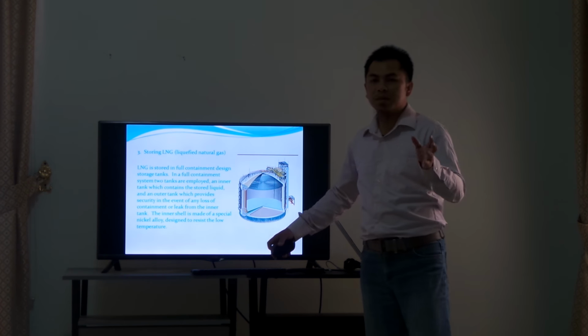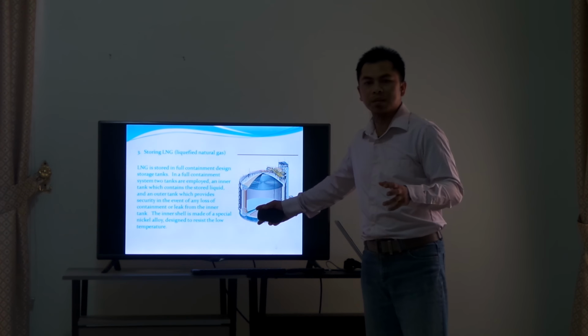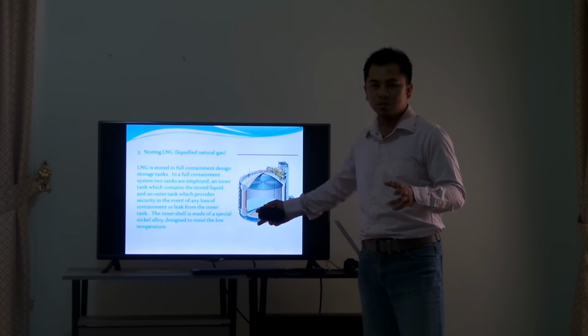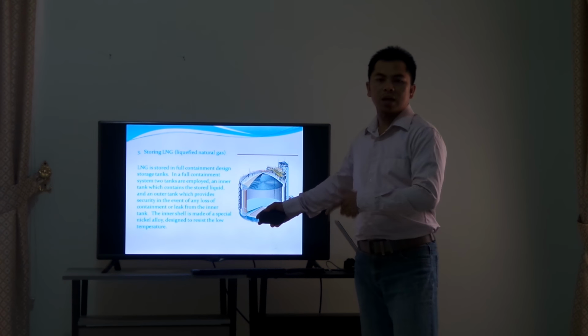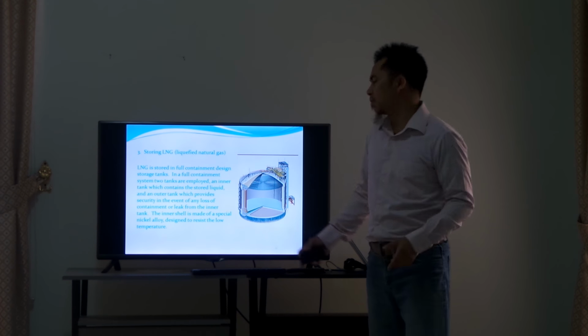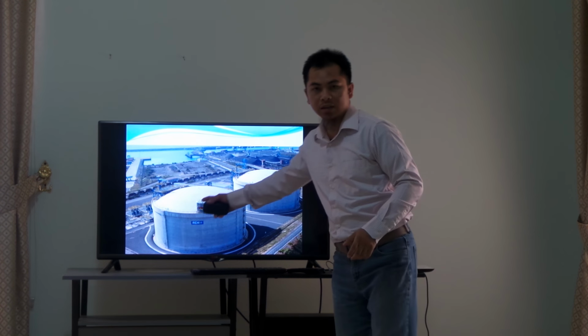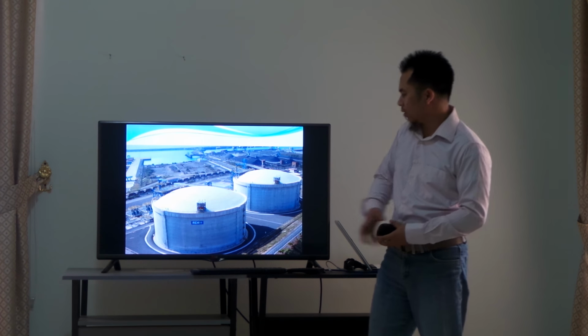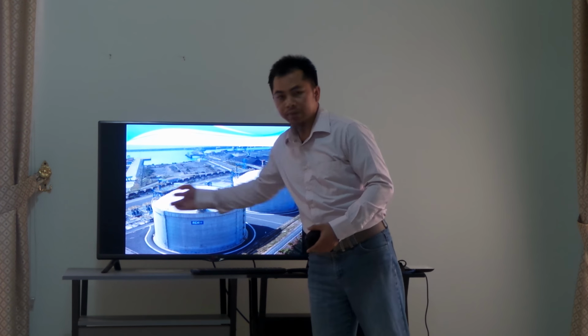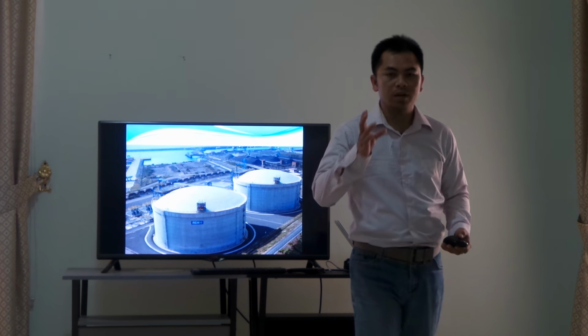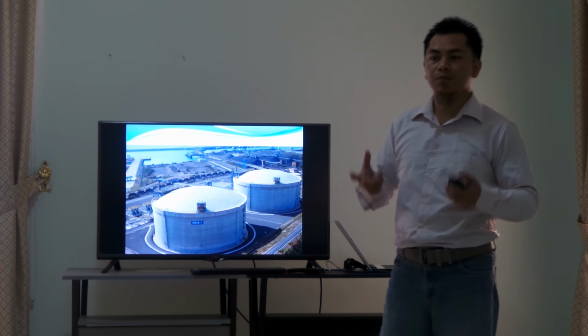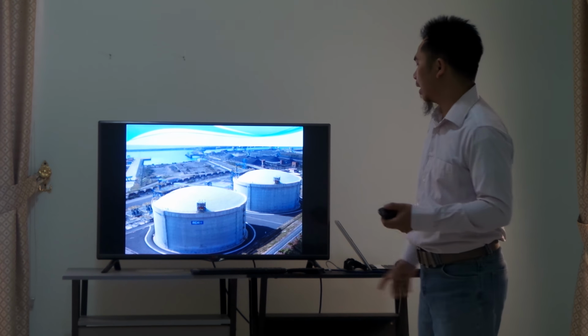So they have to design a special tank to keep the temperature at -162 degrees Celsius to keep the LNG in the liquid phase. This is how LNG storage looks. You can see many safety devices installed there for safety reasons and to avoid any leak.